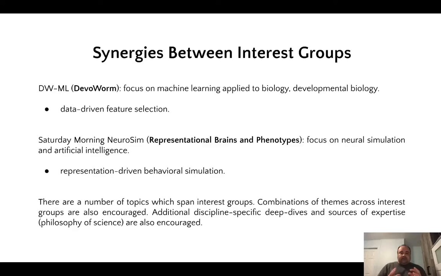We encourage these combinations of themes across interest groups, and we do additional discipline-specific deep dives and sources of expertise. We encourage people who have expertise in one area to learn about another area and collaborate with people in different areas, so we can really produce innovative cross-cutting work.